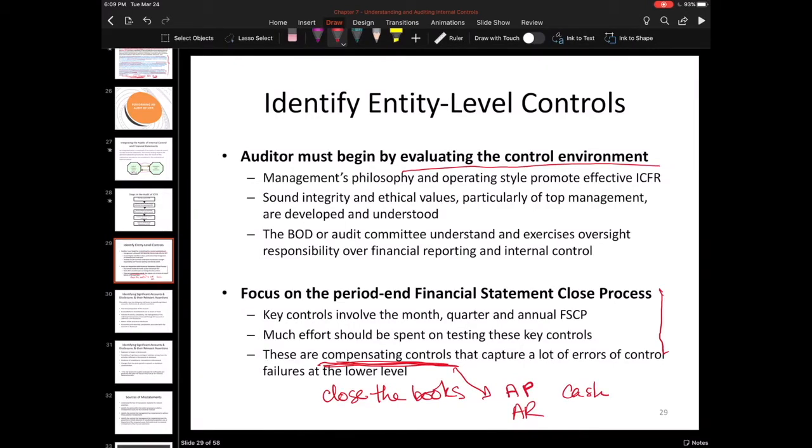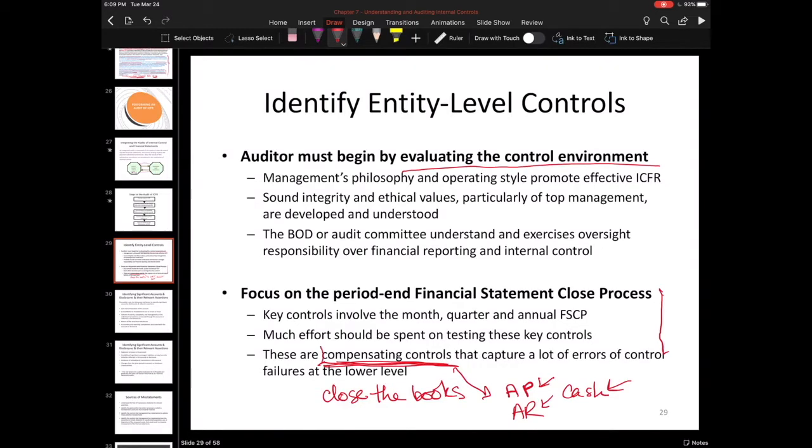So the idea is when I aggregate my financial statements and then I give them to members of management to do their overall reviews and take a look at the financial statements, if there are material misstatements in there from all these little controls being out of whack, management would notice, hey, these amounts look off, something looks weird here, and then they could make people investigate what's going on, and they would wind up catching the errors that way.